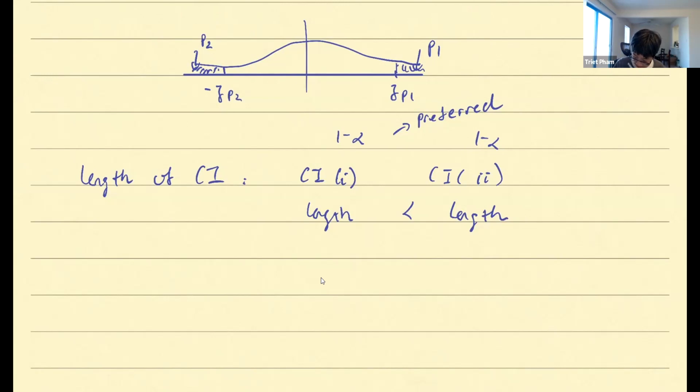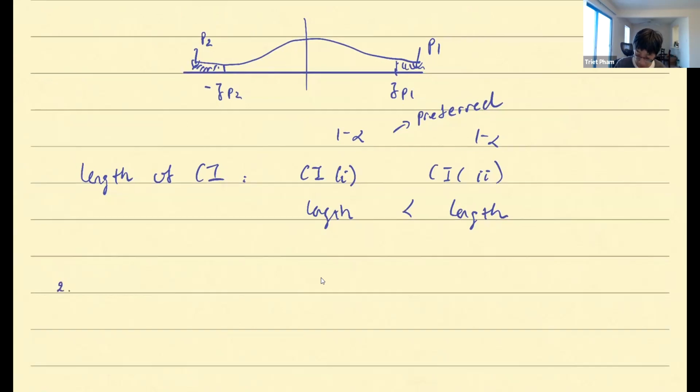So let's go back to point 2 then, about the pivot stat. I don't know if there's a universal name for this, but if you look up some resources, I think they would refer to this type of confidence interval as pivotal confidence intervals.